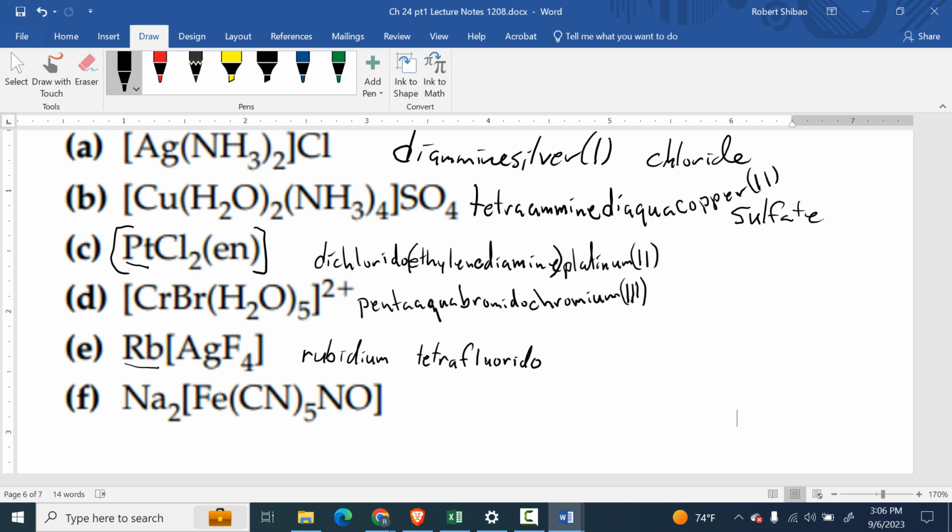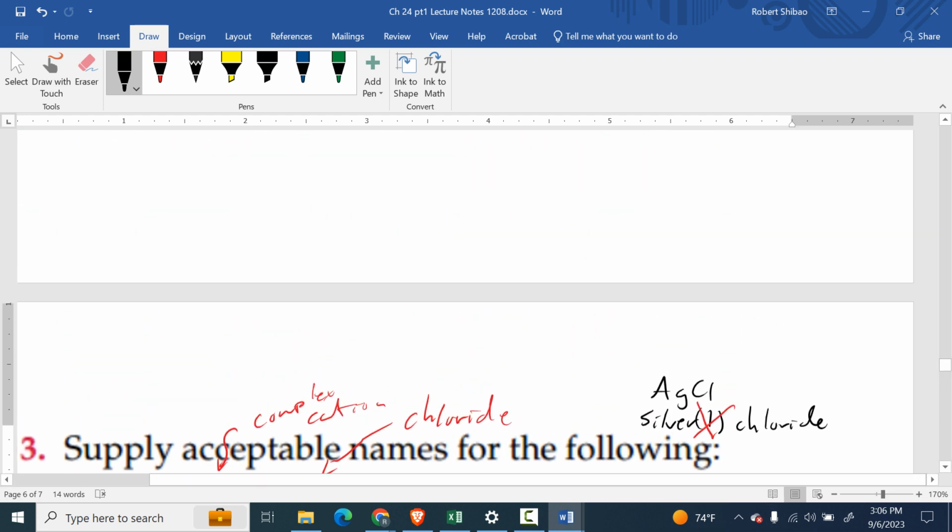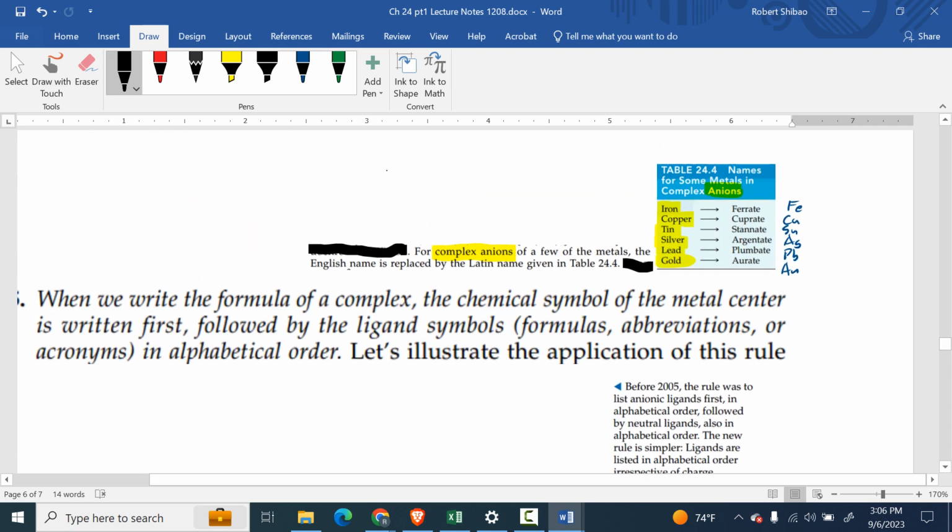And if it's a negatively charged complex, then what do we do with the name of the metal? We use the -ate ending. Okay, so if I have an anion complex, I have to use the -ate ending. So this should be silverate. Silverate. But we do something special for these elements.